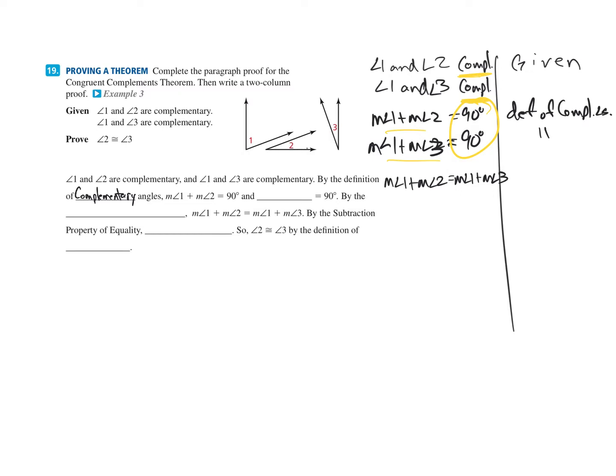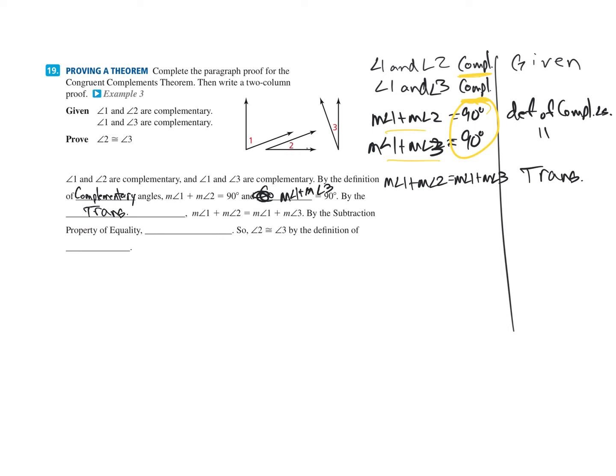Okay? And we didn't substitute. We're just saying beginning is to middle and middle is to the end, so that's transitive property. So this was complementary. Oops, that was the measure of angle 1 plus the measure of angle 3. And then by the transitive property, those two are equal.